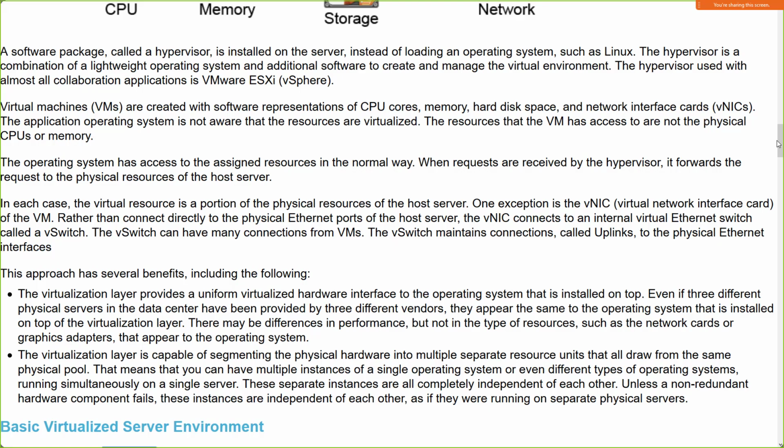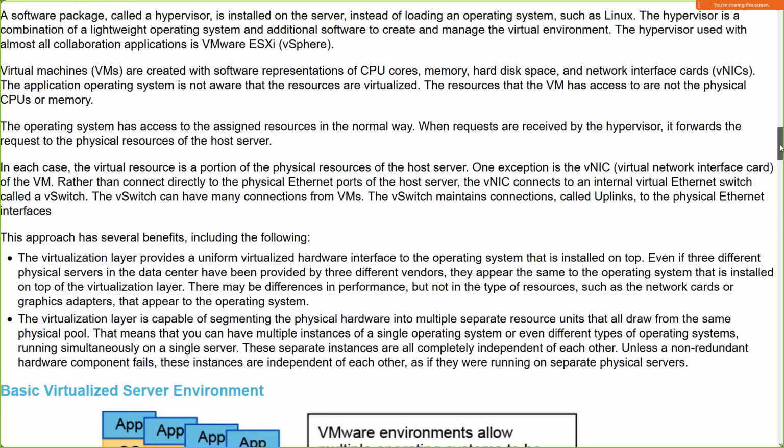Virtual machines get created with the software, and then we represent the resources that those virtual machines are allowed to use: the CPU cores, the memory, the hard disk space, the virtual network interface cards that allow us to interact or communicate directly with the physical hardware on the device. And we're pooling all these physical resources to allow multiple virtual machines to have access to these resources.